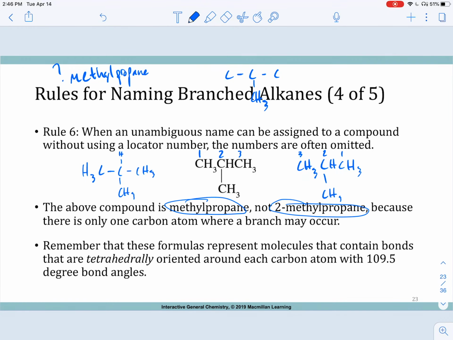I can't add it to the end, otherwise it would make it into a butane. So it's a little bit trickier to draw this without the 2 there. You have to go through that process, but you don't have to have the 2 there. So you pretty much omit information you don't need. Technically 2-methylpropane still works, but you'll often see that omitted. So that's the point of rule 6.